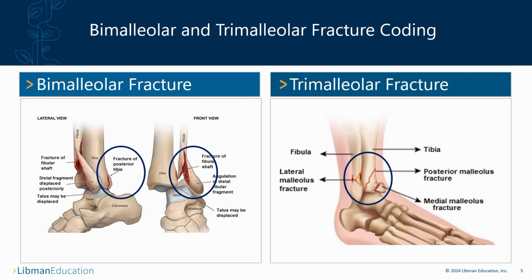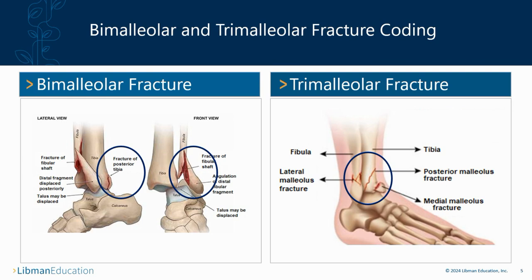On the left, the image shows the talus out of position in comparison to the tibia. The documentation will likely identify the ankle subluxation or dislocation and the repositioning of this portion of the joint. This would be coded as a separate reposition code for the ankle joint when repositioning is documented.